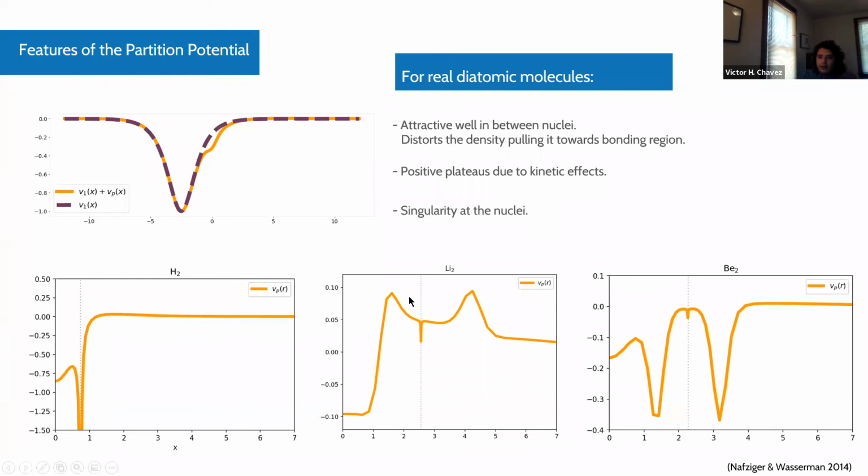And then we also have the singularity at the nuclei, and we've also had some exact conditions that are based on the Kato cusp condition. So the idea is that we want to gather as many exact conditions of this potential as possible so that we can build better approximations for it.